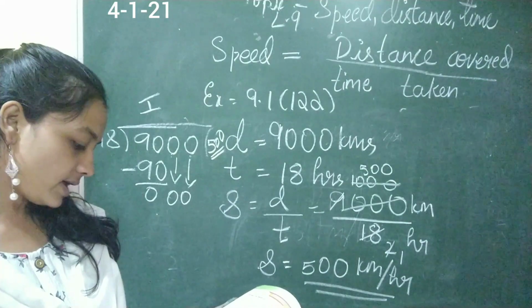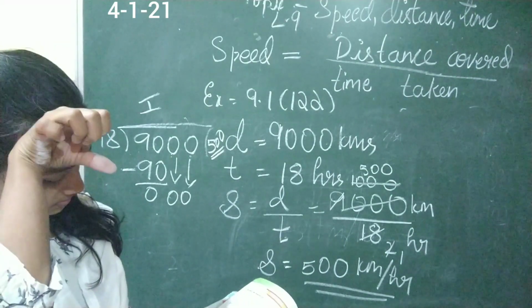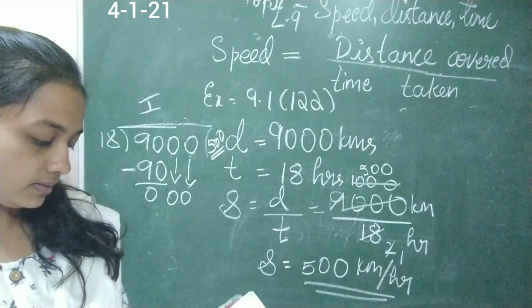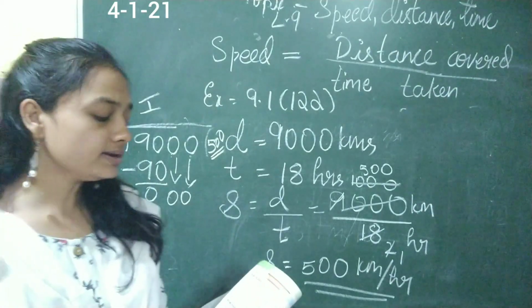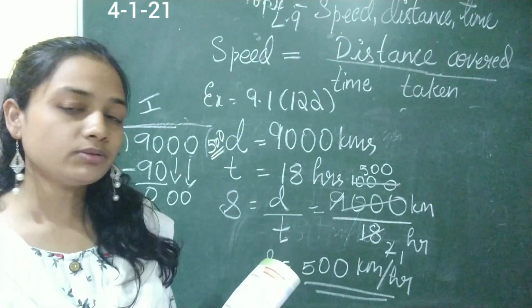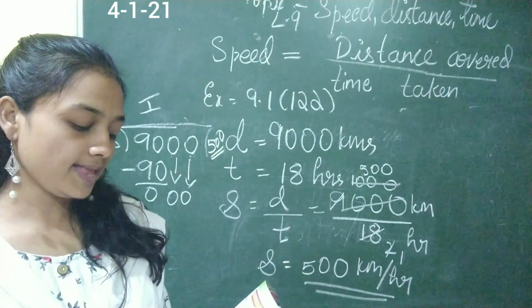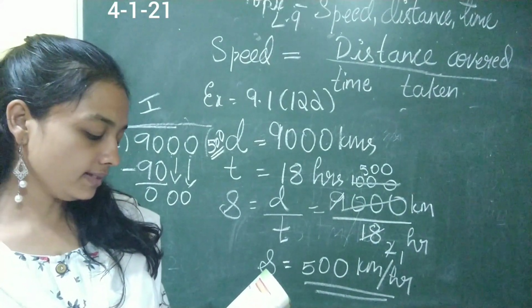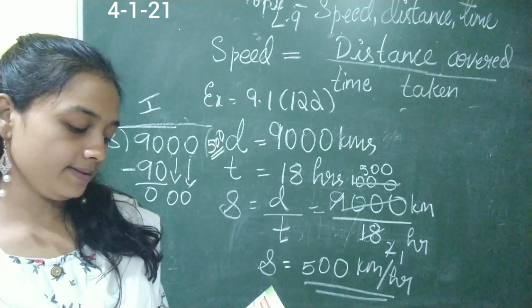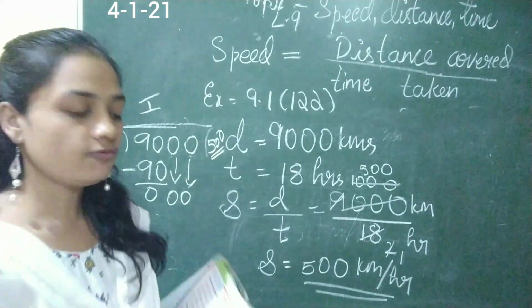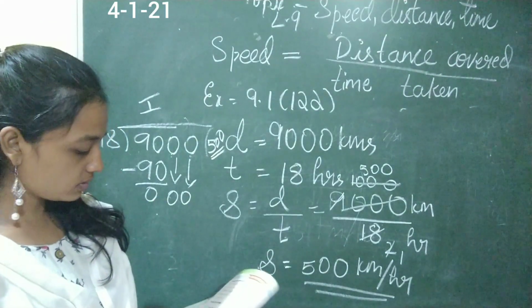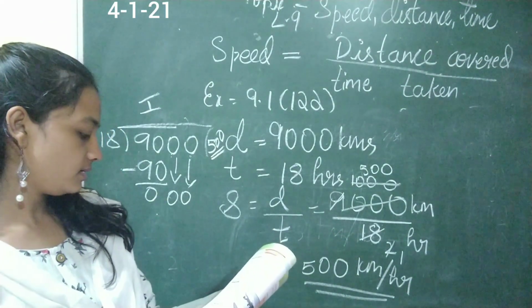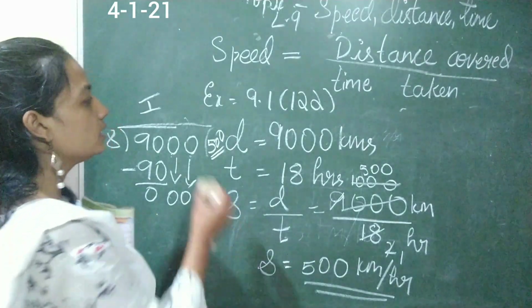Now let's try the second one. I traveled a distance of 720 meters in 30 seconds. What is my speed? So how fast a man travels? Okay, it's given a train. Fine, anything.